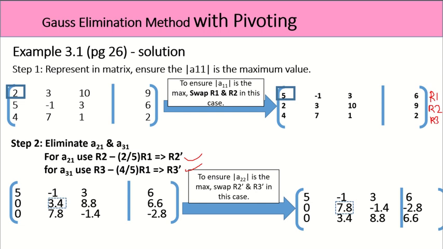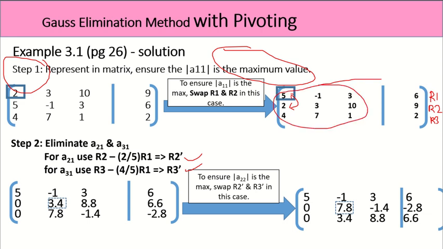So that means in the very first step, we want to ensure the A11 value is the maximum. If not, then we swap. You can see we swap these two directly. If at the beginning you already have this matrix, do you need to swap? No need.